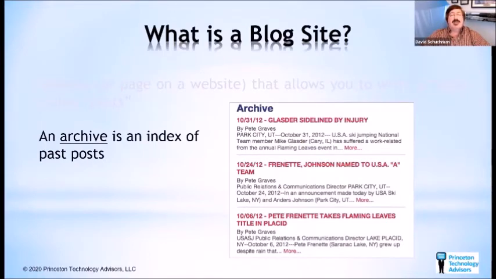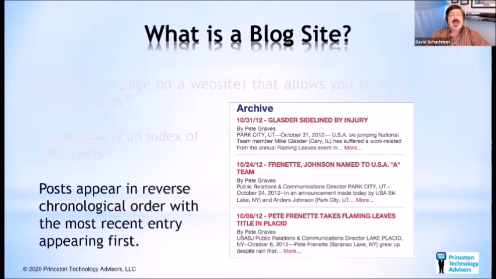A blog, a little different from a regular web page, typically has an archive, which is the index of the past posts, and the posts typically appear in reverse chronological order. The most recent entry is on top, which makes it easier to scroll down, find the one of interest, click on it, and read that post. That's really what a blog site is, but it is just another form of a website.